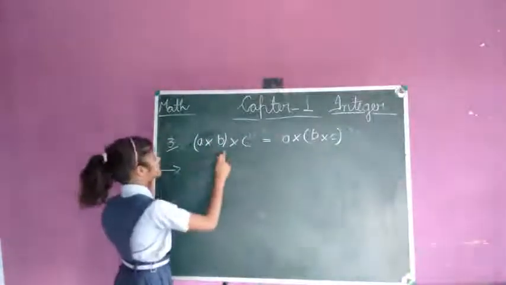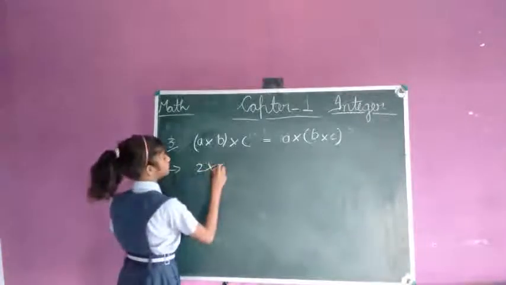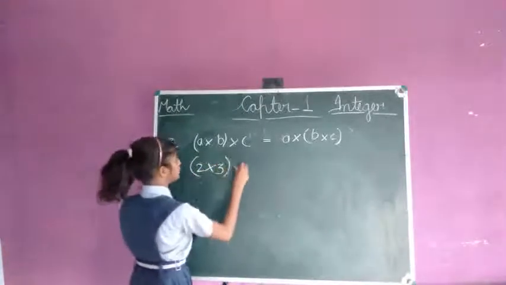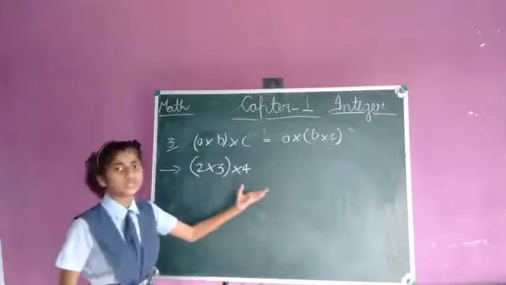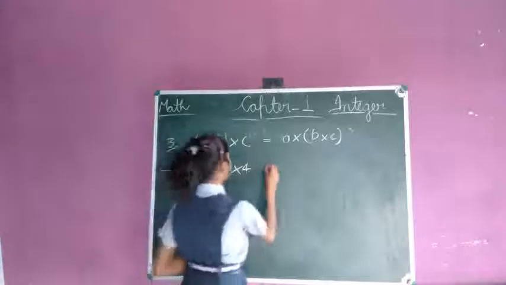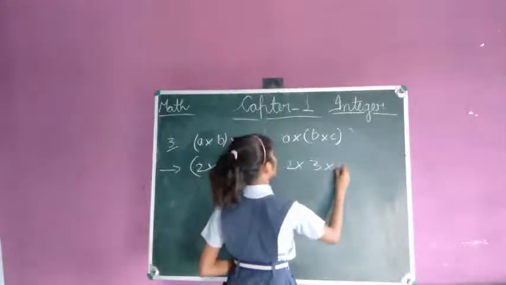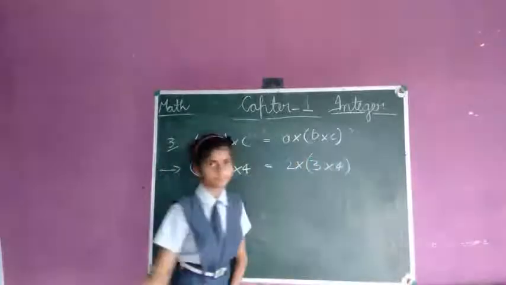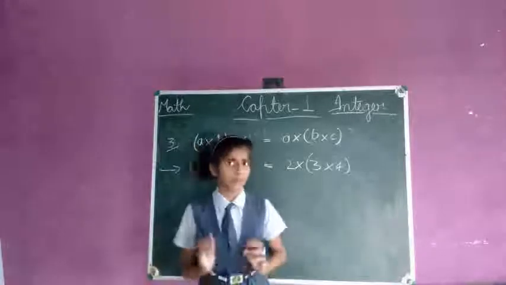Now 2 into 3 into 4 equals 2 into 3 into 4. Let's solve this and check whether the answer will be the same or not.